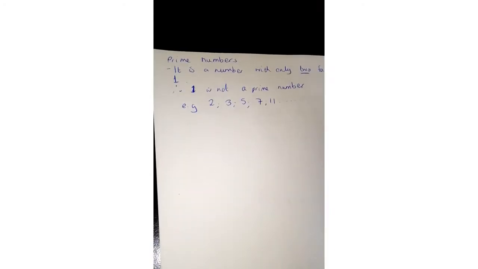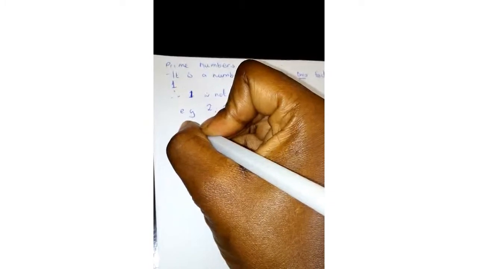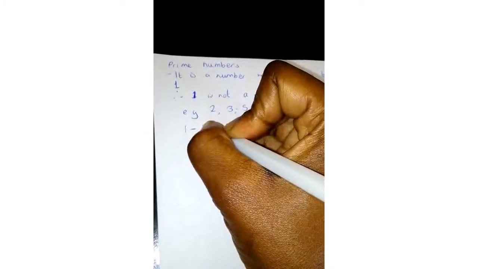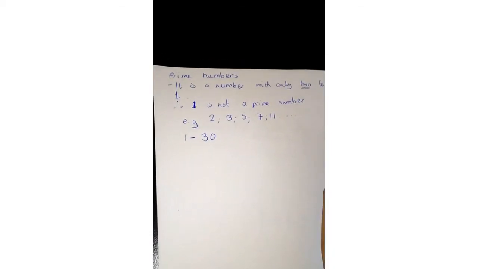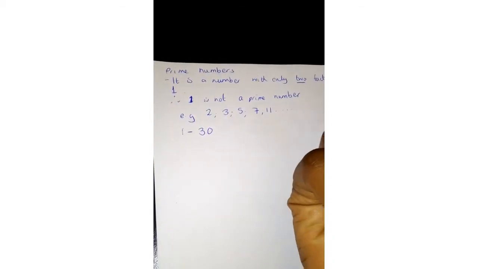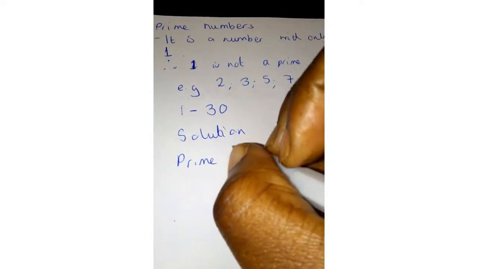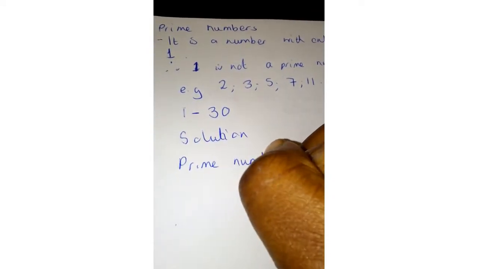So I want you to write down the set of prime numbers from 1 to 30. May you please pause and work it out, then I'll give you a solution thereafter. Solution: prime numbers from 1 to 30.